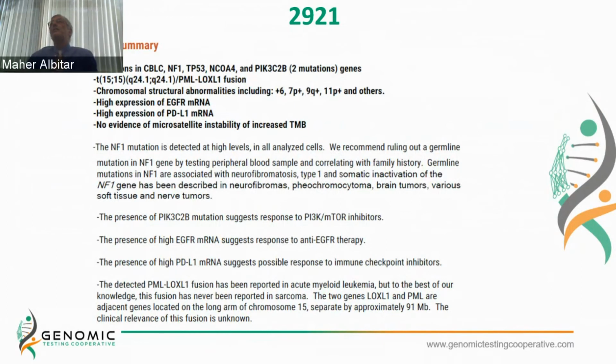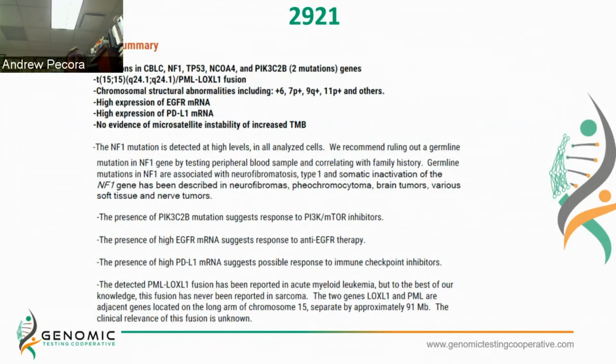Dr. Pecora? Yeah, so this was a highly unusual and rare sarcoma that affected this patient. It started in her nasopharynx and in her sinuses. It's been highly aggressive, quite destructive, and she was treated with surgery where they could not do an R0 resection.